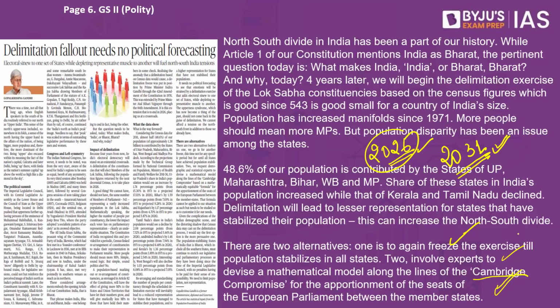So yes, Germany, by virtue of having a higher population, would obviously have more seats as compared to lesser population nations. But it is not like the lesser population nations have only one or two seats. Even the smaller states have been given a certain minimum number of seats, and that is how they have been given the safeguard. These are the two options going ahead for the government of India right now as per the author.